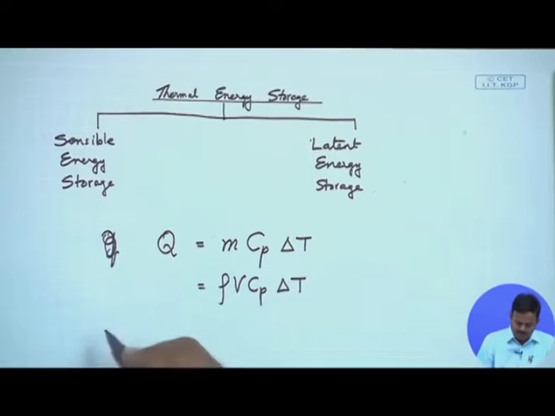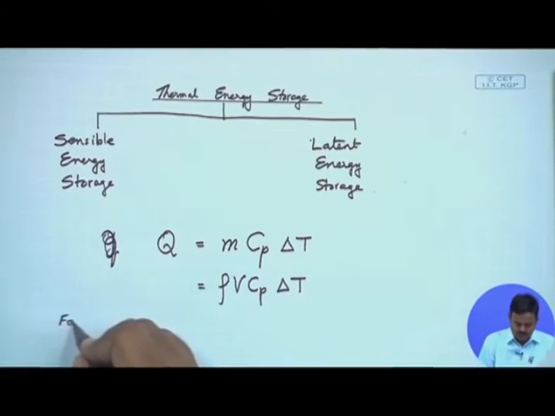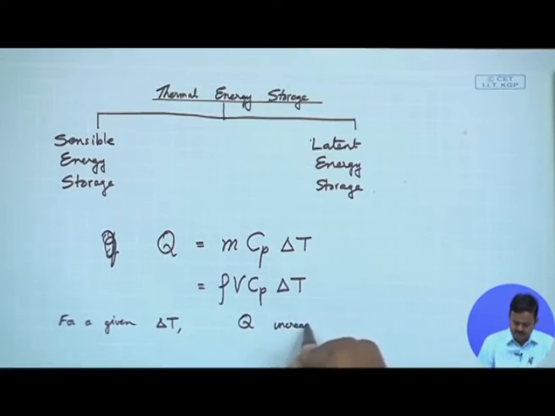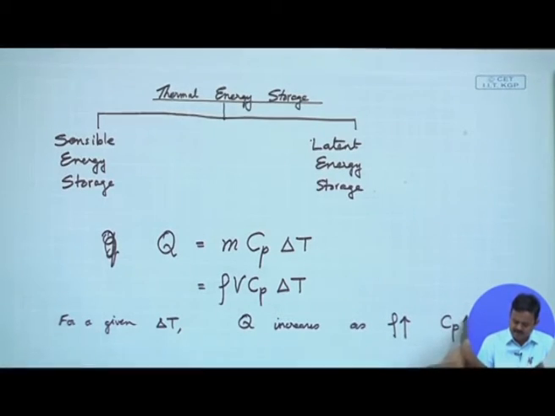Now for a given delta T, Q increases as rho goes up and as Cp goes up.